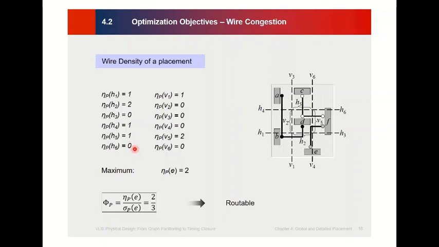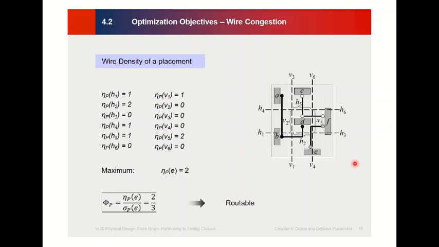For H6, for example, this is H6, there is no wire crossing H6. For V1, this is V1, there is one wire that crosses it. And as you can see, for V5, here, there are two wires.